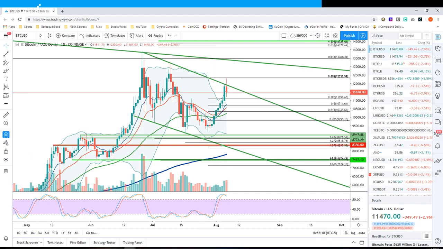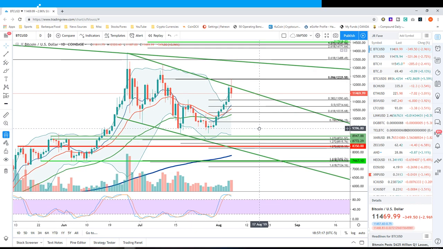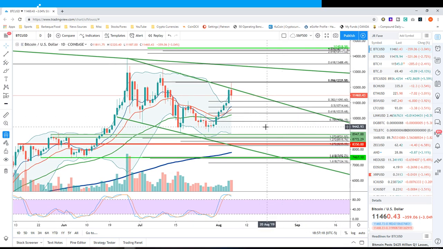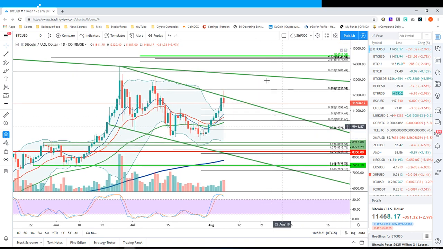Okay, so real quick, I'll go over a couple of charts. This is the Bitcoin daily chart. Had I been awake, it would have been easy to say that this thing's breaking through and we're going to make a new high, right? But when you see a fib cluster, it just gives you pause.